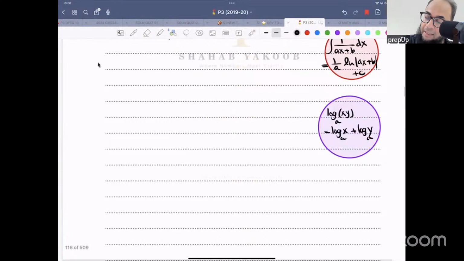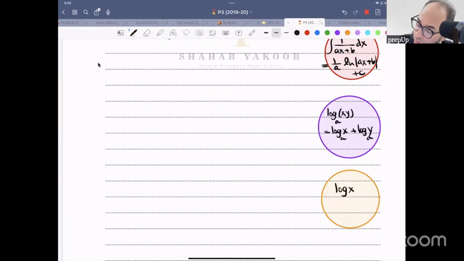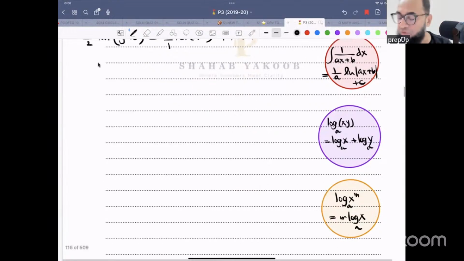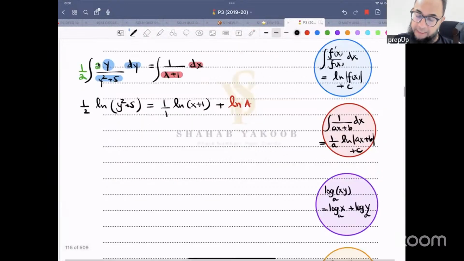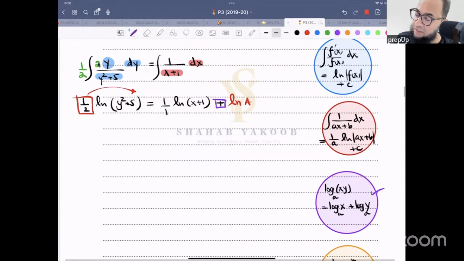There is also another rule that I need to apply. That is log x power m base a is m log x base a, and it was applied in just a few questions before. So over here, this half will become the power, and this thing over here will be simplified using this.